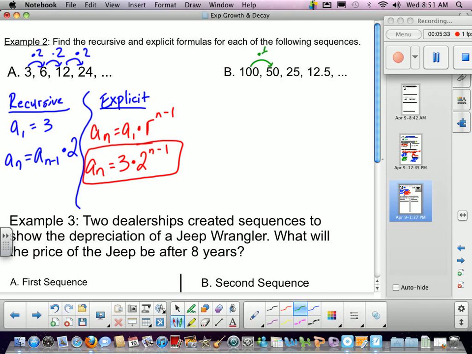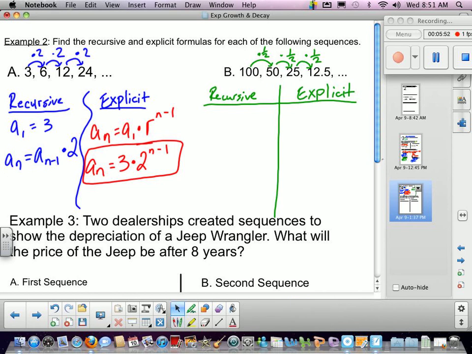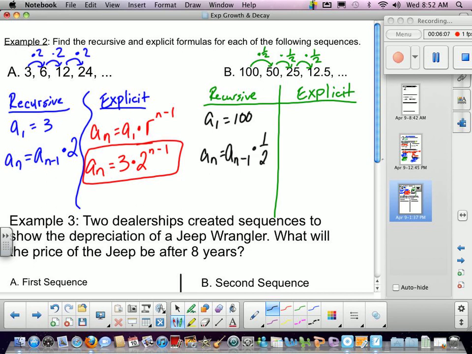Here we're multiplying by 1/2 to get the next term. Again we want recursive and explicit. To get the recursive, the starting value was 100, and to get the next value we do a sub n minus 1 times 1/2.